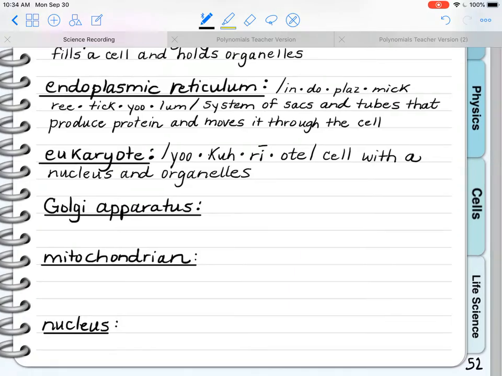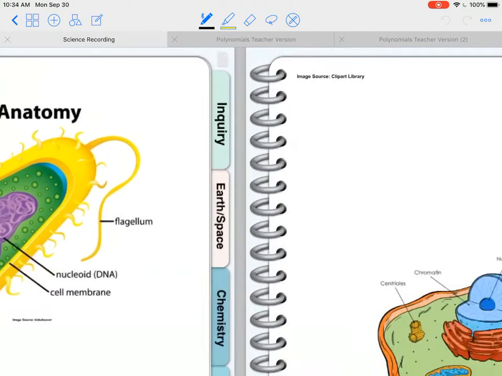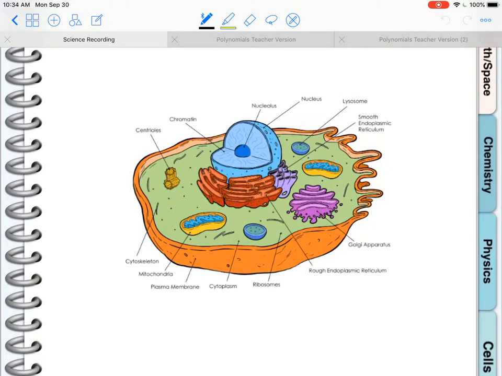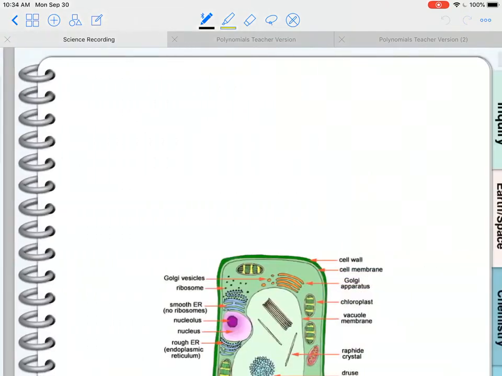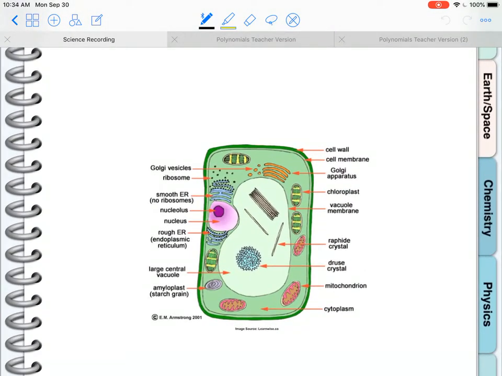So let me flip over here. Let's look at this one. You see the nucleus and you see all these organelles. This is a eukaryote. You can look at the cell and tell that it is eukaryotic. This one, how about this one? Do you see a nucleus?